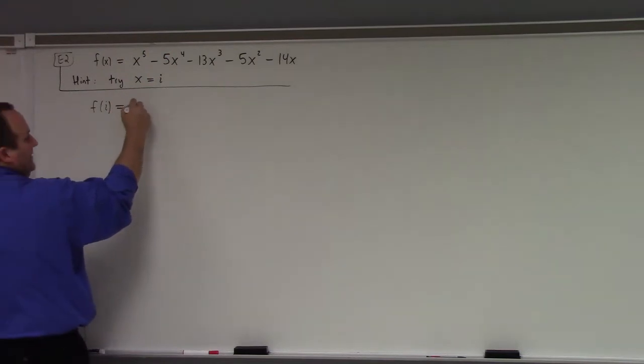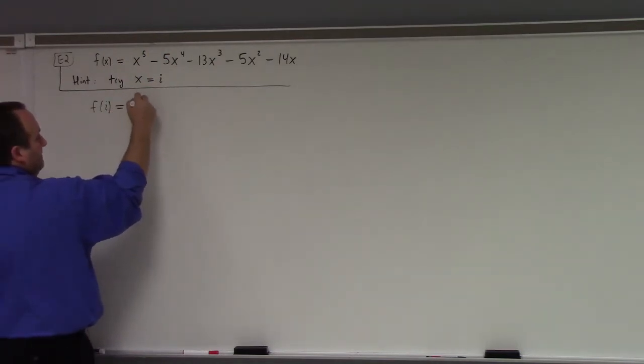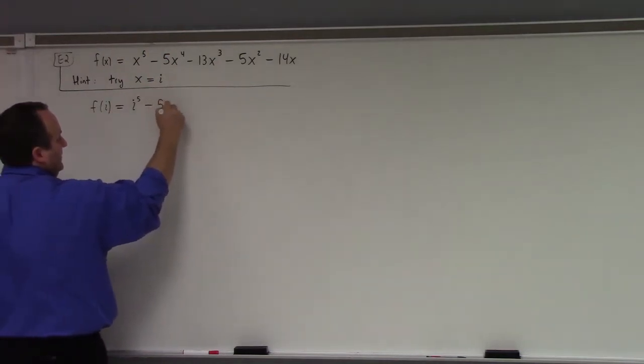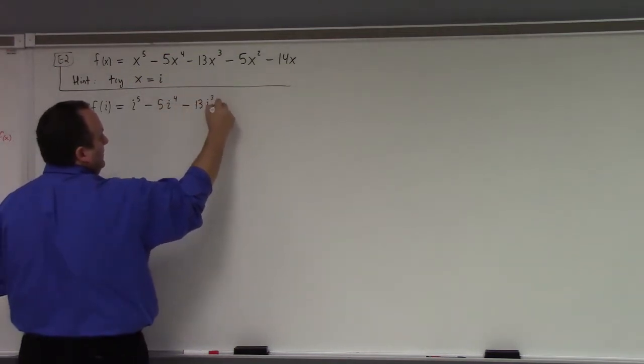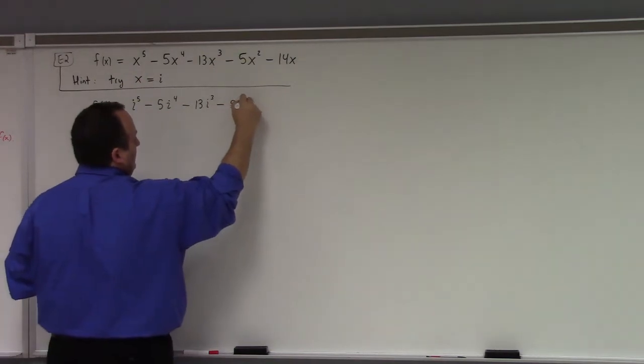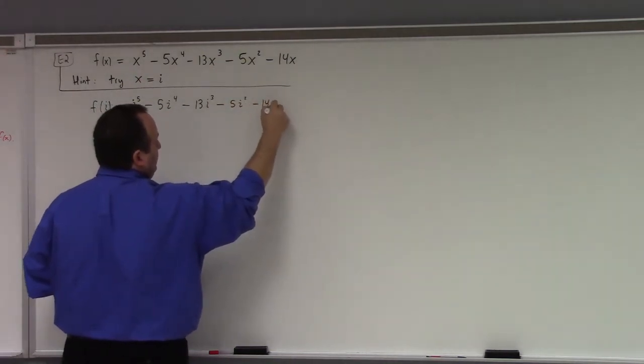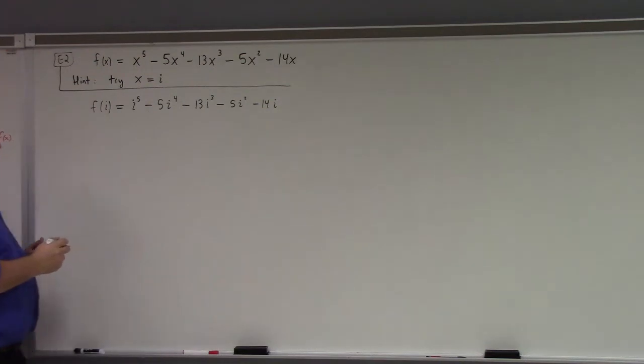F of i is i to the power 5, minus 5i to the 4th, minus 13i cubed, minus 5i squared, minus 14i. How's that work out? Do you remember how these simplify?